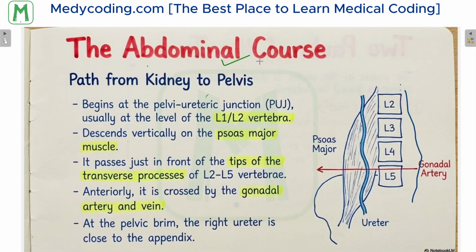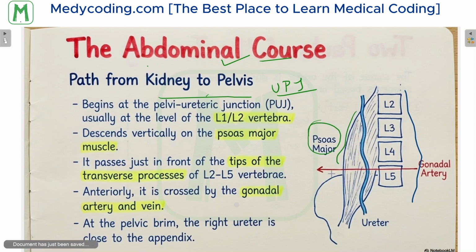Abdominal course: the abdominal course starts from the pelvic ureteric junction, or you can say the uretero-pelvic junction. Both are the same. In the abdominal region, the ureter descends down through the psoas major muscle. We have already seen in the kidney lecture that the psoas major muscle goes parallel to the kidney.